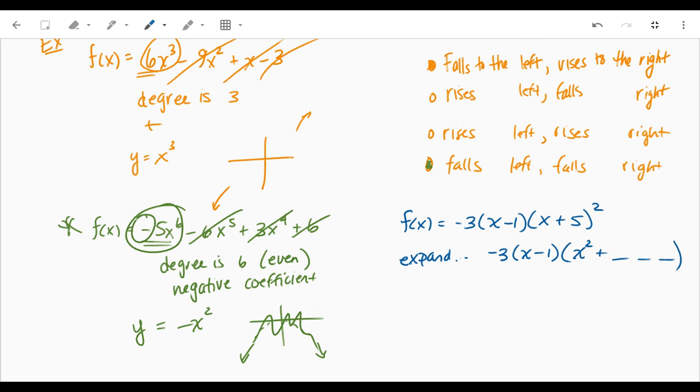It doesn't really matter. I mean, it's x squared plus 10x plus 25, but it doesn't even matter. If I kept going and expanded the x minus 1 times that x squared plus whatever, I'm going to have an x cubed plus some more junk. It doesn't matter what, because all we care about is that biggest degree that you're going to get out of there. Your shortcut here is to just add up these two powers.